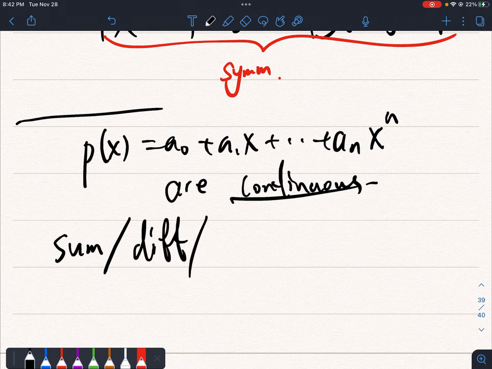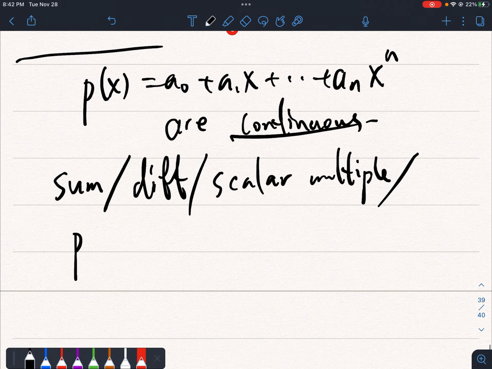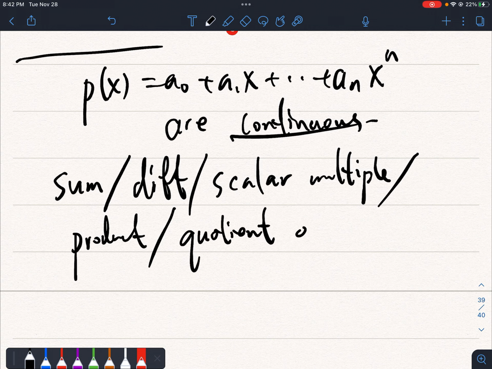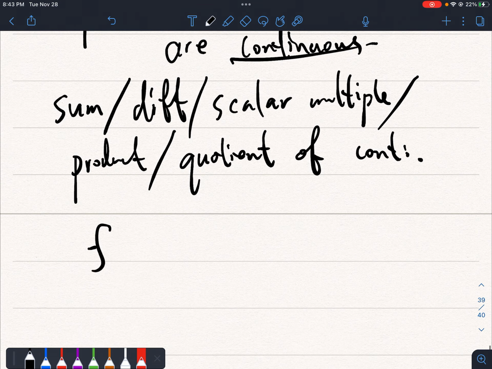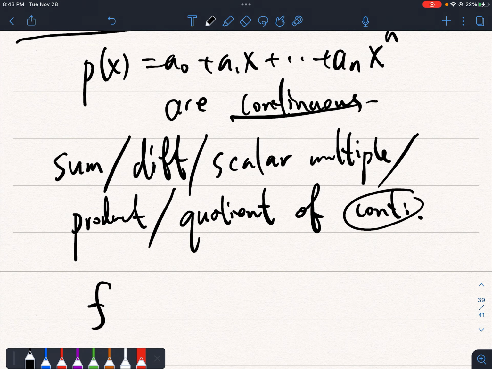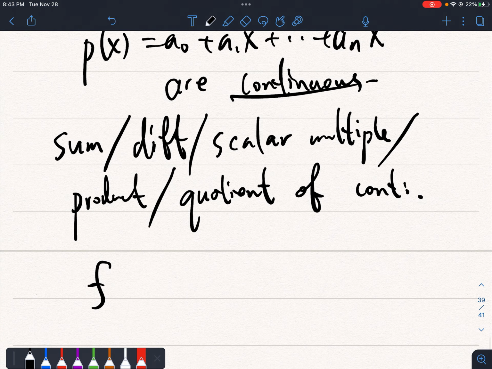So which means you can actually show that the sum or difference, or actually scalar multiple, it doesn't matter, or let's say the product, or the quotient of continuous functions. I would just write CONTI for continuous functions. Okay, CONTI. So continuous functions is continuous.